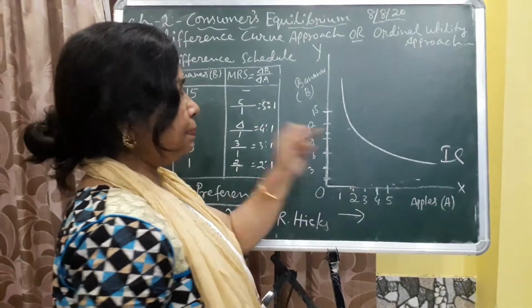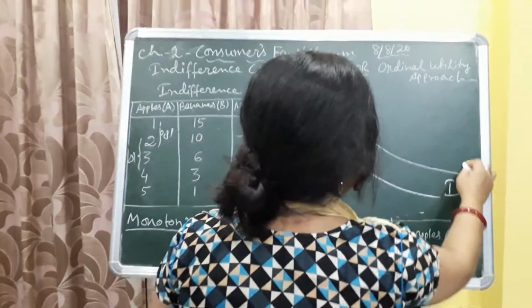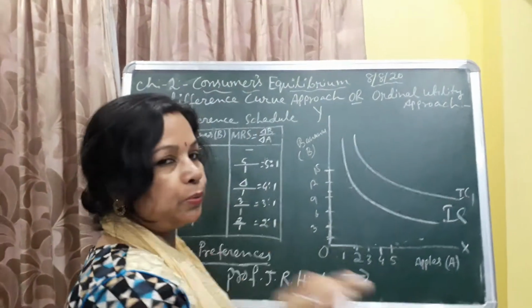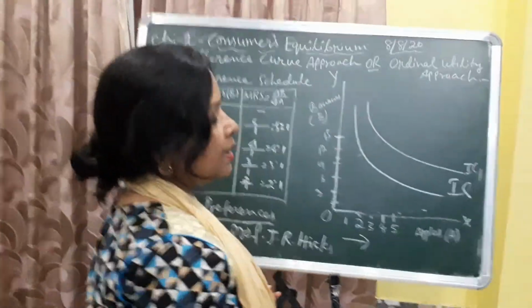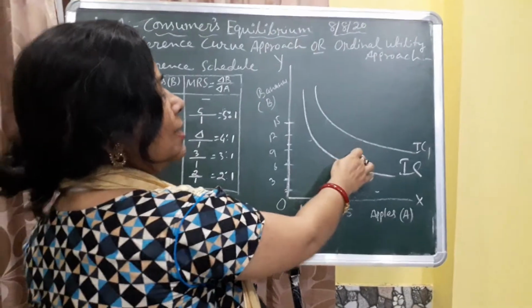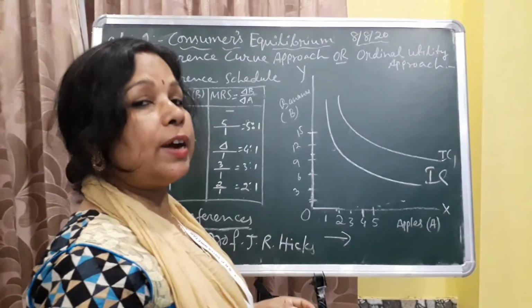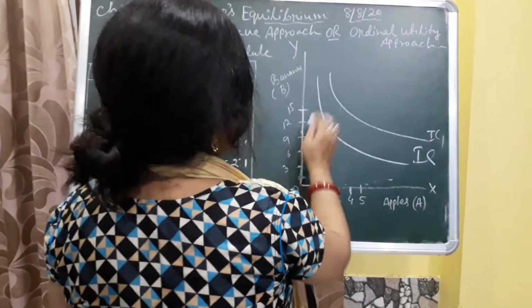Downward sloping shape. Now next I draw another, IC1. IC and IC1, two indifference curves I have drawn here. Which one will represent the higher level of satisfaction? IC1 represents the higher level of satisfaction and IC represents the lower level of satisfaction. In what way?